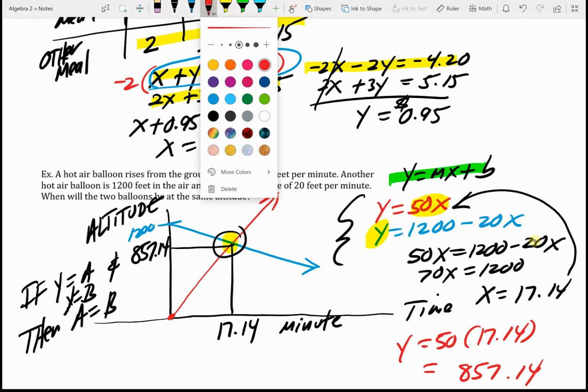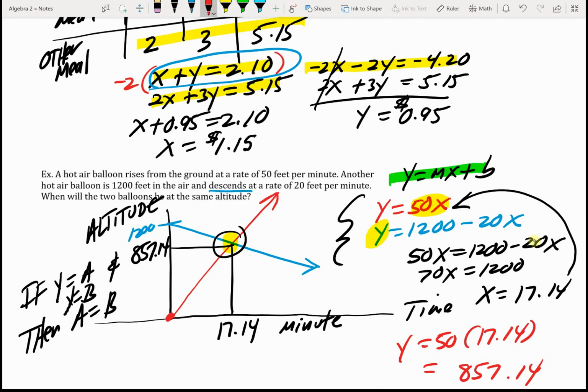So at time 0, it starts at the origin, and then it goes up. You see that red line? It goes up. Every minute it is gaining altitude. So equation number 1, y is equal to 50x. It starts at the origin, the y-intercept is 0, it goes up 50 feet per minute.